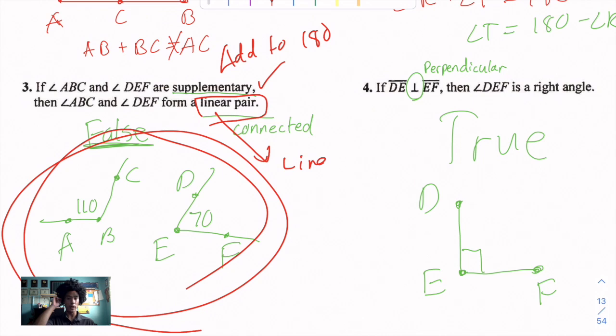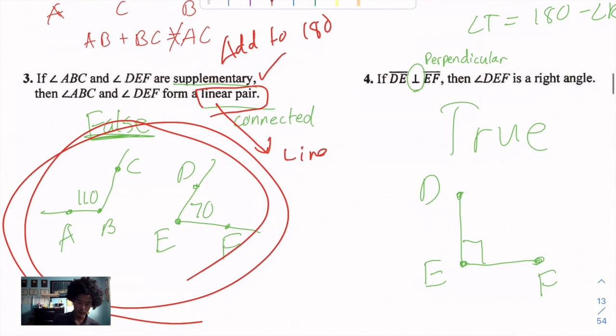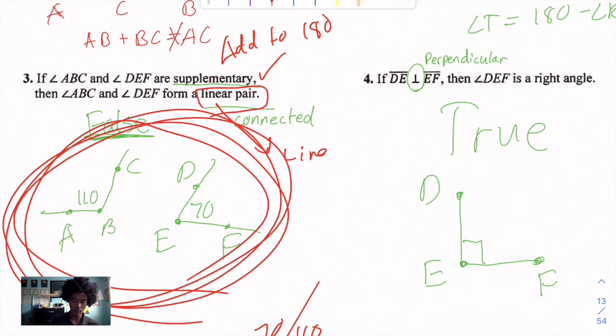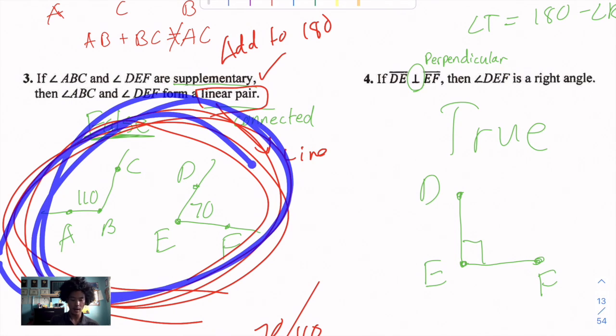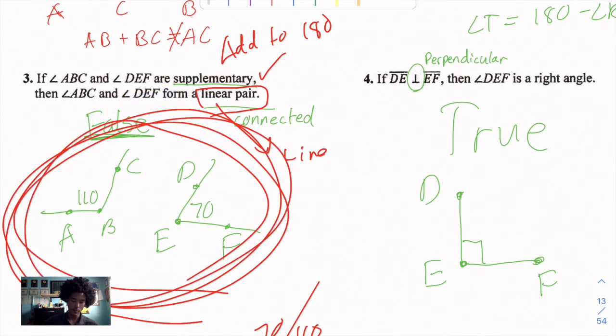So not all supplementary angles are linear pairs. Some are, right? Like, are these angles supplementary if I do 70 and 110? If I do it like this, then yes, they're supplementary and it's a linear pair. But in this case here, it is just a supplementary pair, supplementary angles, okay?